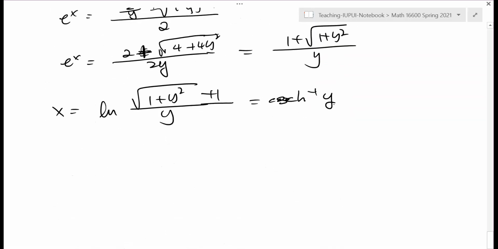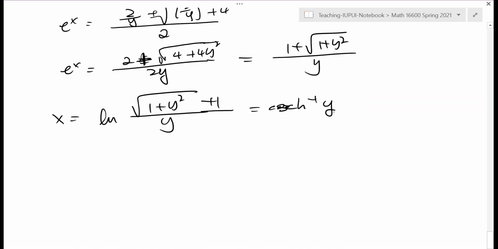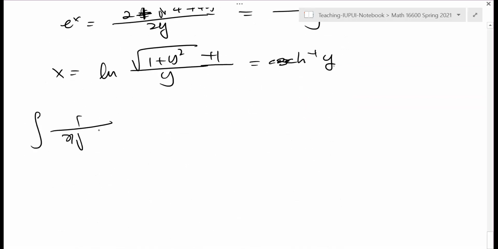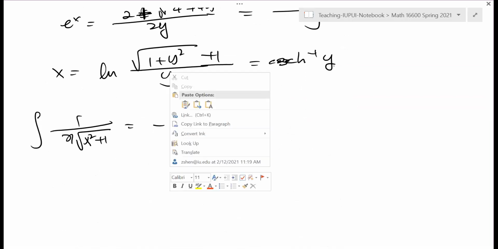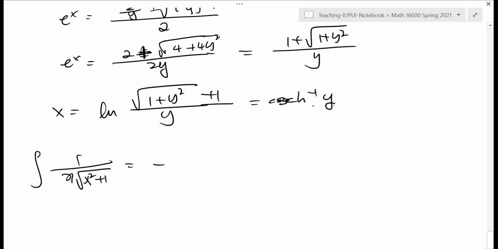So the answer is going to be negative, plus a constant, negative natural log. All right, so this is the answer.